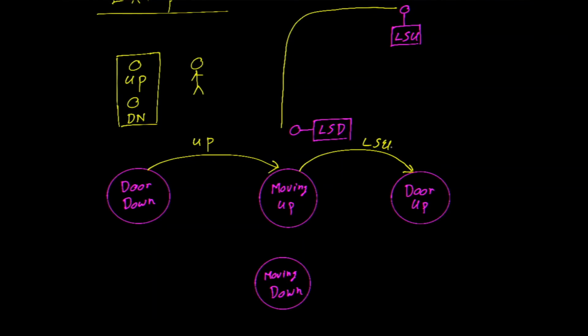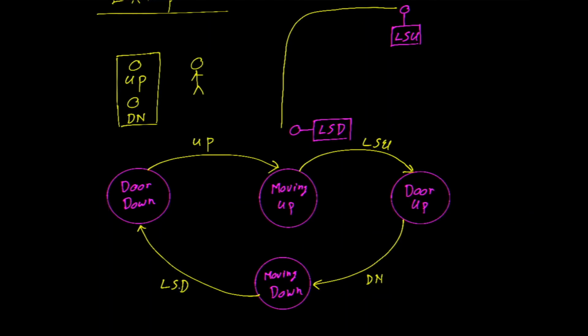Should the operator select the down switch, the door will start its transition down until this limit switch is pressed, in which case the state machine will transition to the door is down state. So this is limit switch down. Of course, it's more complicated than this.